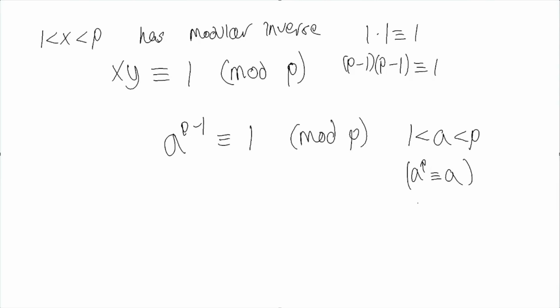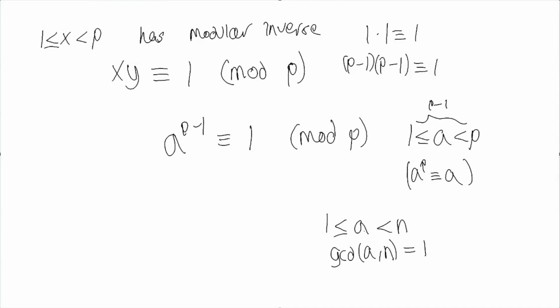Well, remember the proof relied on the fact that there are p minus 1 numbers in this range. How many numbers are in the range 1 less than or equal to a less than n which satisfy the property that GCD of a and n is equal to 1?